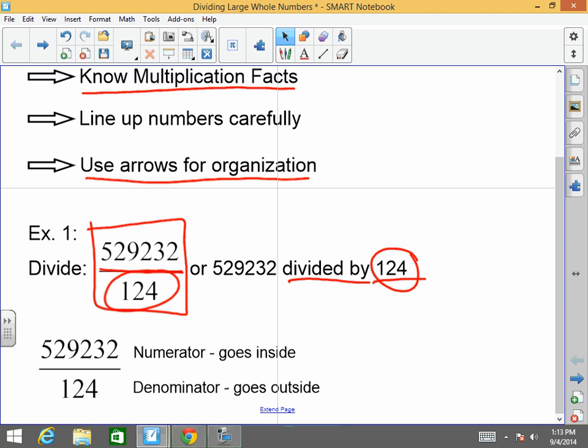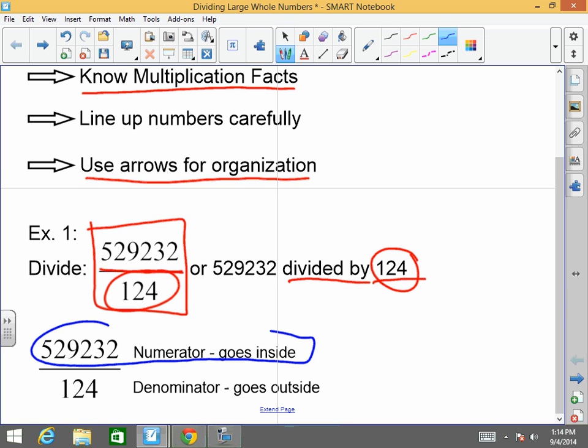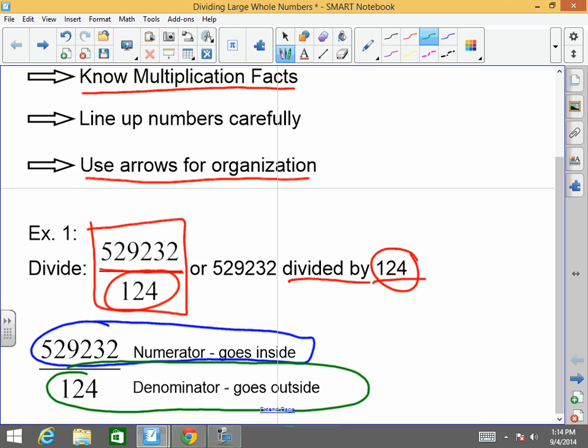So again, the top number is called the numerator, and the numerator goes inside the division box. The bottom number is called the denominator, and the denominator goes outside of the division box. Always.